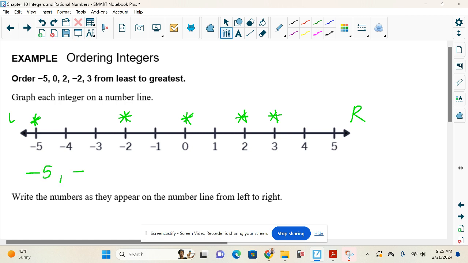Then I have -2. Then I have 0. And then I have 2. And then I have 3. I plotted them in the order that they gave me so I didn't miss any numbers. Once they're plotted, they're already in order from least to greatest for you.